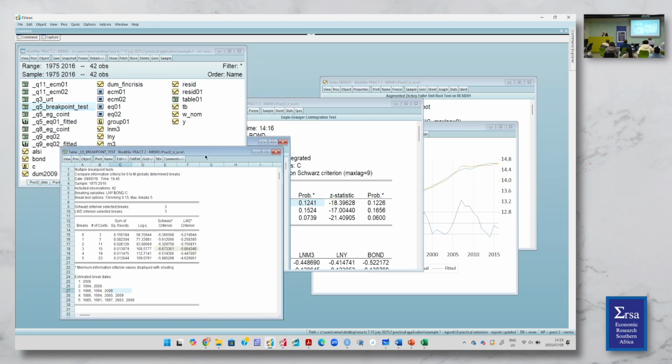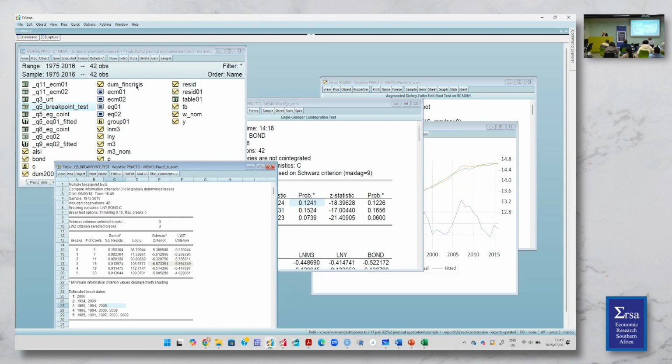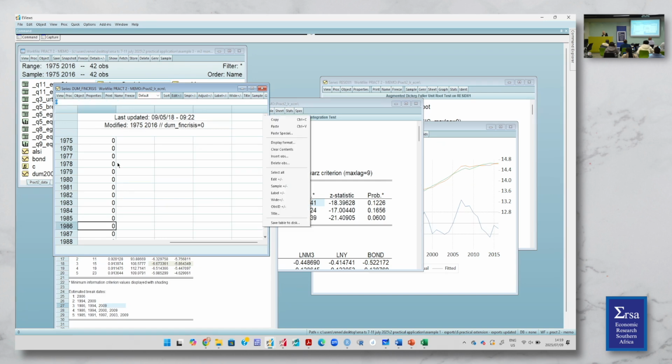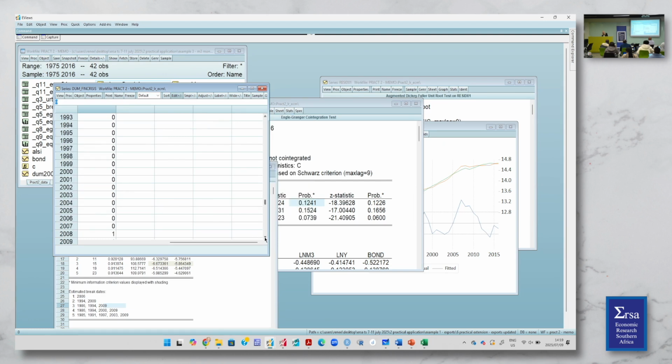So what we do with that is try different things, maybe create a financial crisis dummy, which will be one in 2008, 2009. The impact of the financial crisis already affected our financial sector in 2008, but only affected the real sector in 2009. So this will be that one.